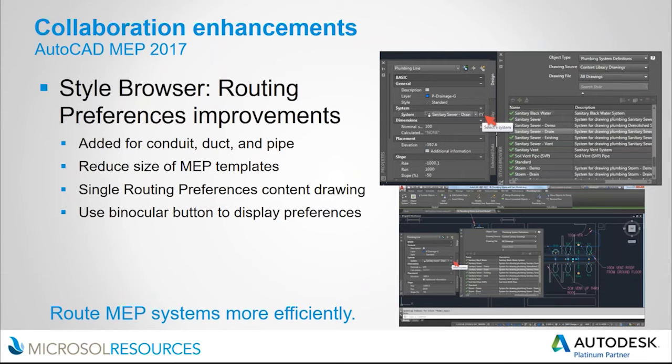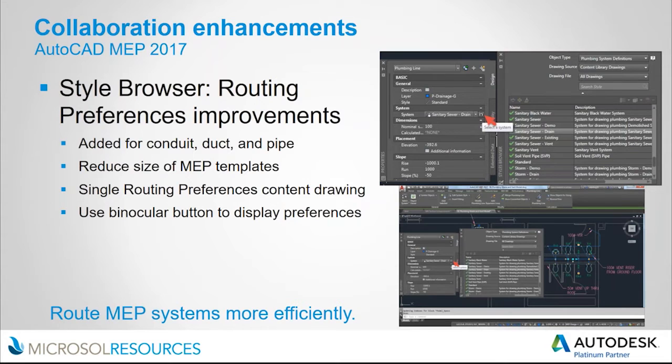Again, taken care of through the style browser. You'll see added routing improvements for ductwork, pipe, and conduit. What's nice about this is now you don't have to load up your MEP templates with a lot of these routing improvements.